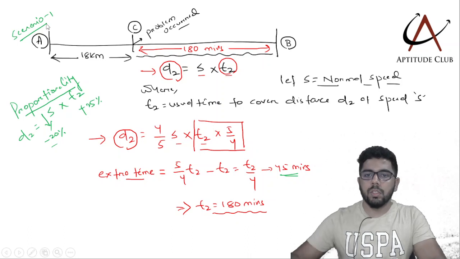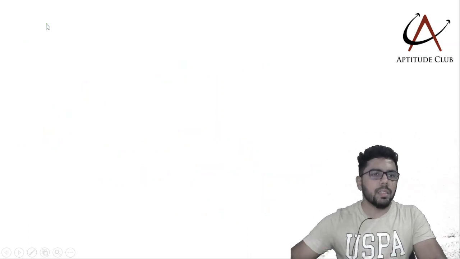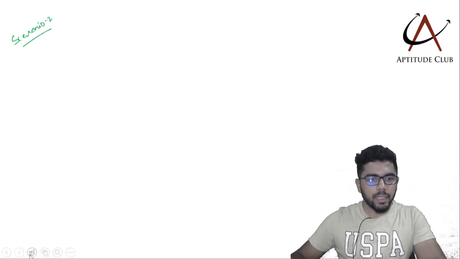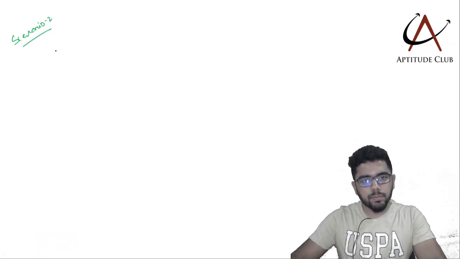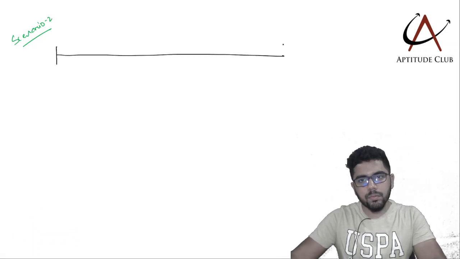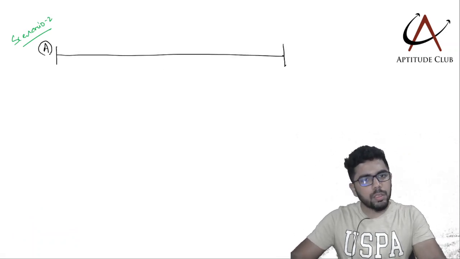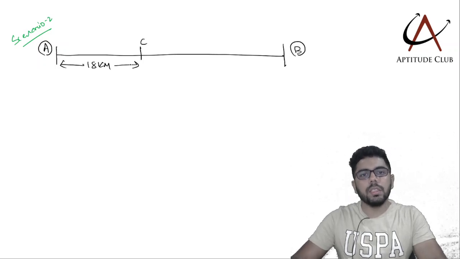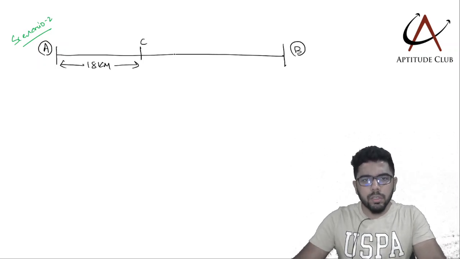Scenario 1. Now if I'm looking at the second scenario, scenario 2, again I'll take the distance AB. This is point A and this is point B. This is point C, which is 18 kilometers from point A. And at point C, the initial accident or the problem occurred.